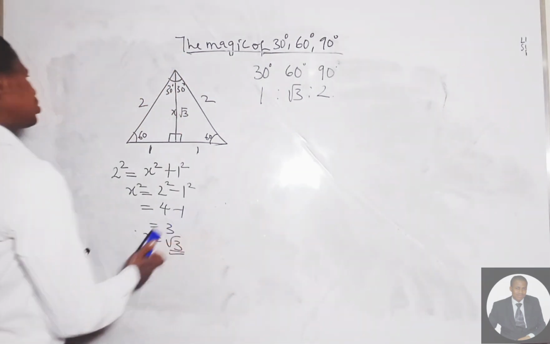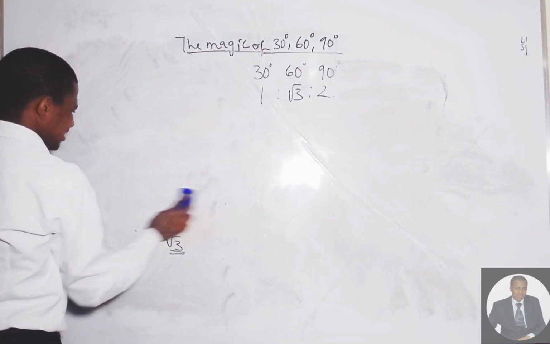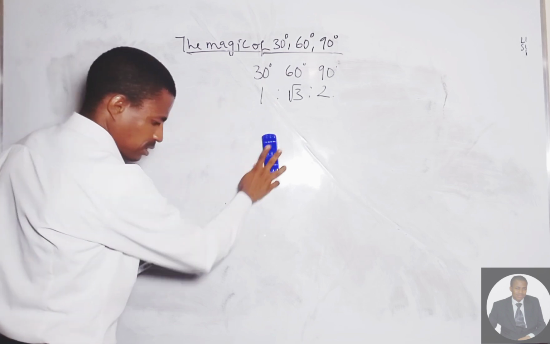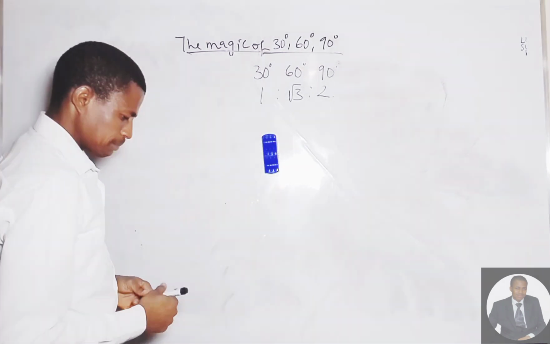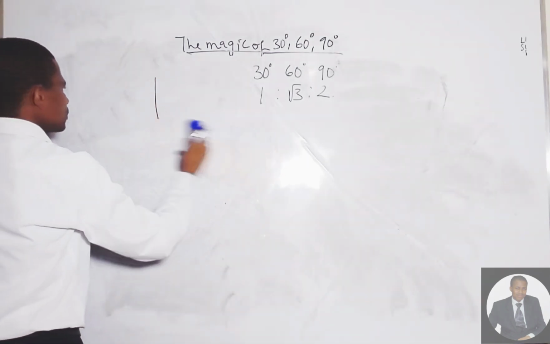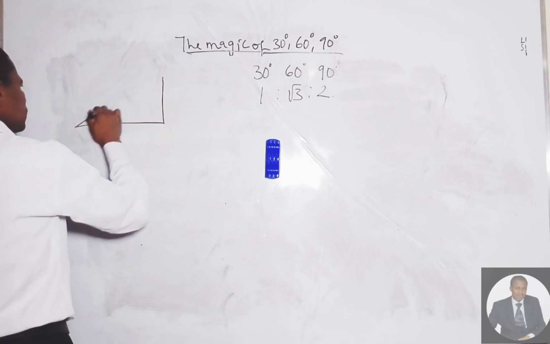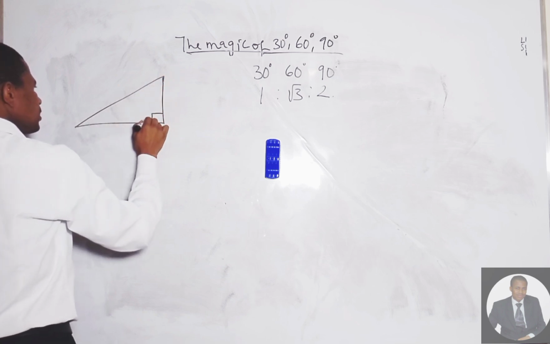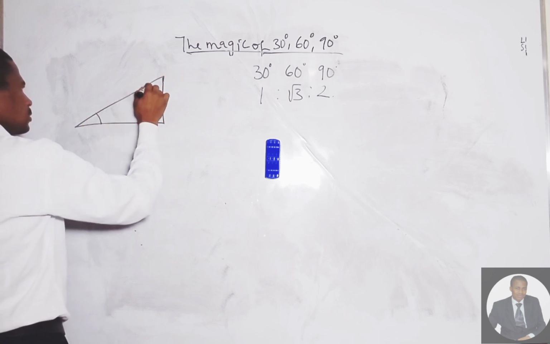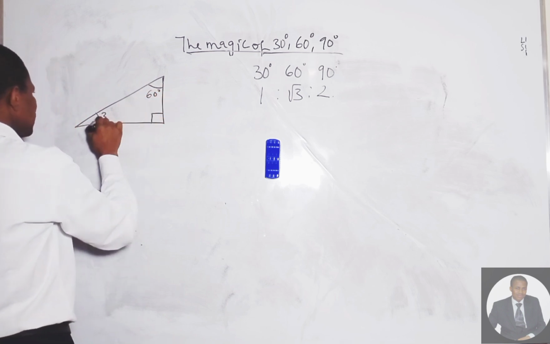Let's look at some questions to buttress what we are saying here. Let's look at this question. Something like this. This 90, this 60, and this 30.